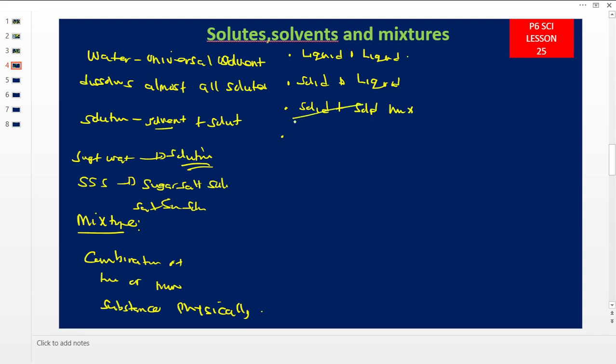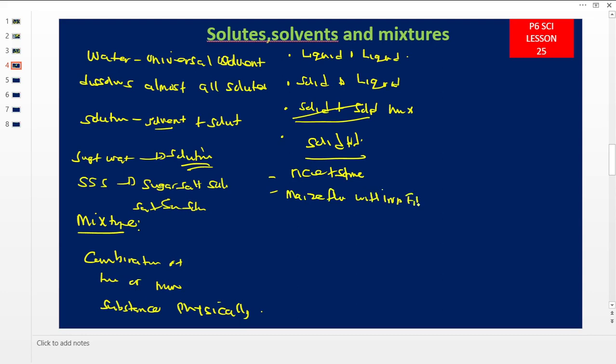Now let us start with solid to solid mixtures. For example, we can have rice plus stones. Then we can get maize flour with iron filings, or coffee berries plus soil or dust.